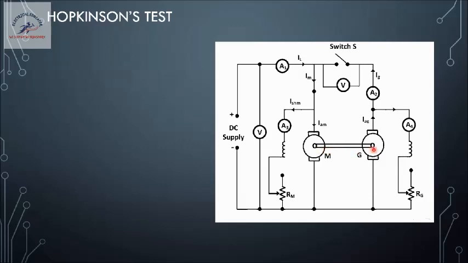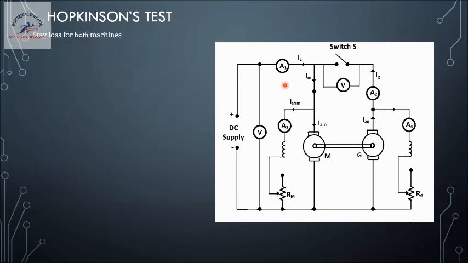Whatever the difference in energy is required, that power is drawn from the supply. Then this will be a sustained mechanism, and it will continue to run as long as stability is maintained.